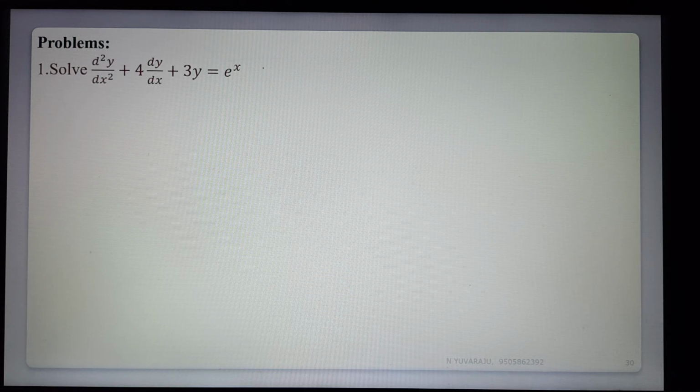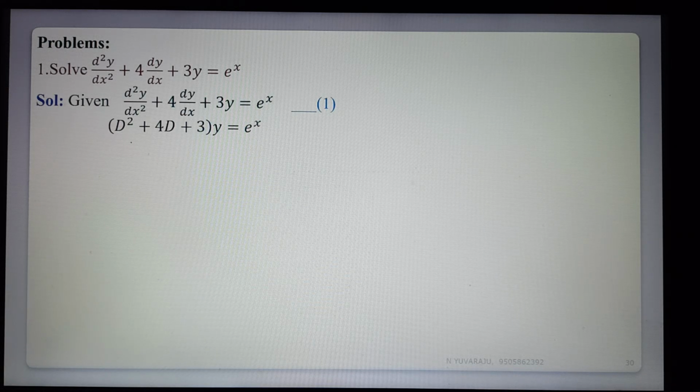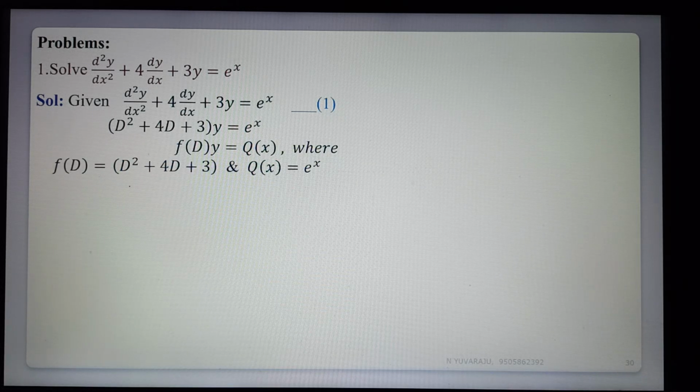First one: solve d square y by dx square plus 4 dy by dx plus 3y is equal to e power x. In operator form, D square plus 4D plus 3 into y is equal to e power x. First of all we find the complementary function, where f of D is this and Q of x is equal to e power x.